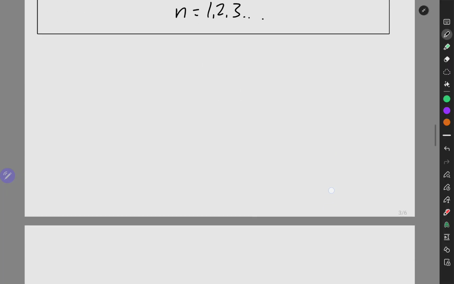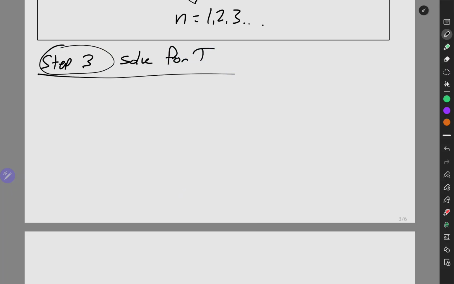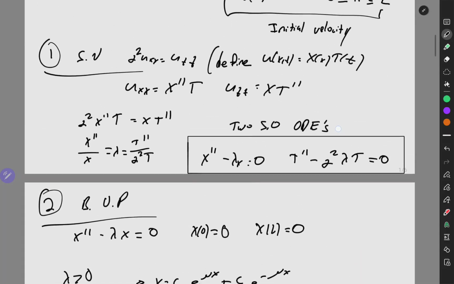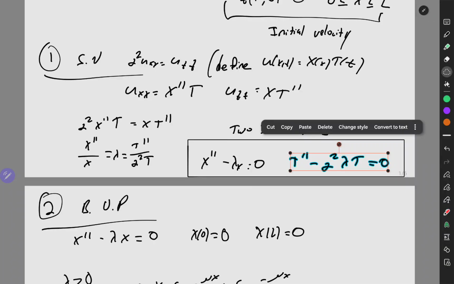Alright, step 3. This is going to be a little bit different. Solve for t, right? So remember, we had this here.